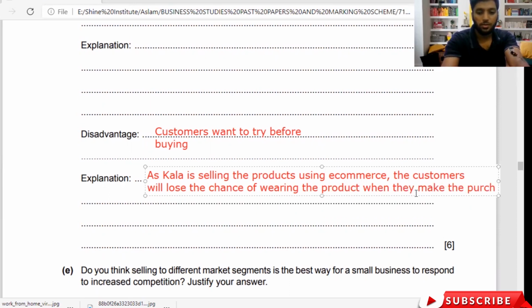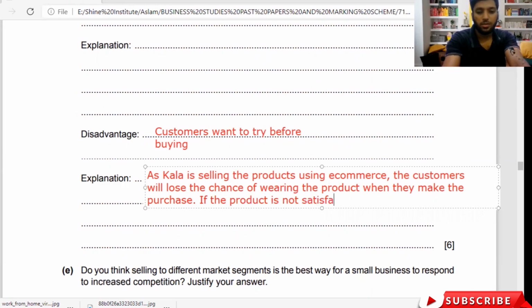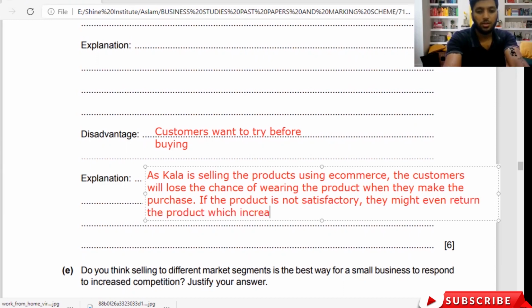Then you should write, if the product is not satisfactory, they might even return the product, which increases the customer dissatisfaction.